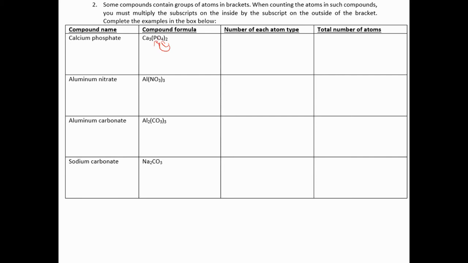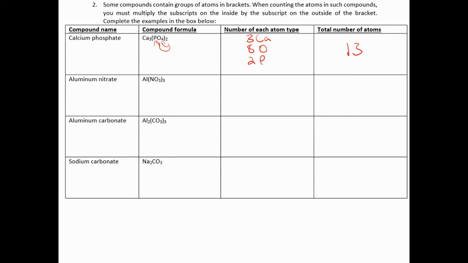Anything that's outside you leave alone, but anything that's inside you would multiply by the subscript. So for example, here we have 3 calciums. We don't multiply that by the subscript because it's not inside the bracket. For oxygens, we have 2 times 4. So for oxygens, we have 8 oxygens. And for phosphorus, we have 2 times 1. So 2 phosphorus for a total of 13 atoms.